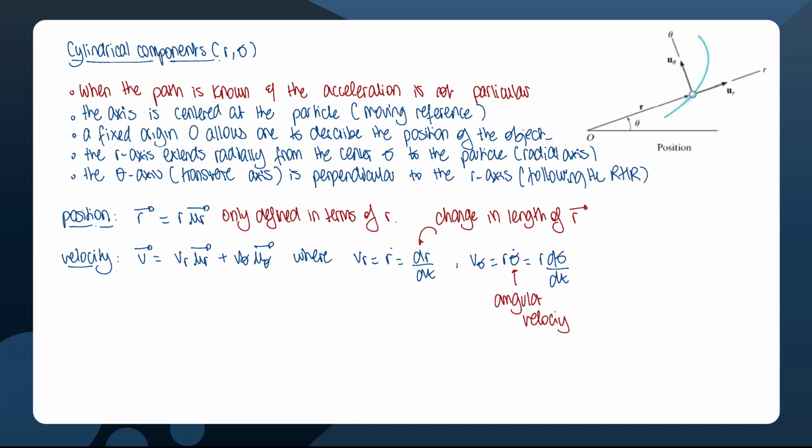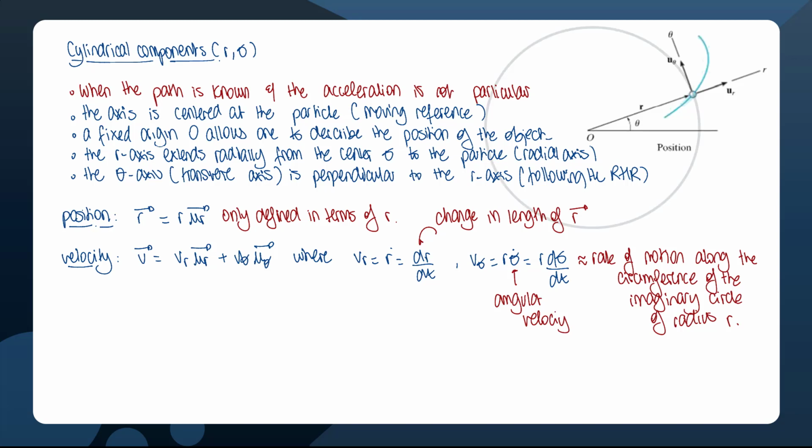While V theta actually describes the rate of motion along the circumference of an imaginary circle of radius r. So this means that if you take the particle, which is at a distance r from the center O, and it's moving with a certain velocity, the V theta component would actually be tangent to an imaginary circle of radius r.